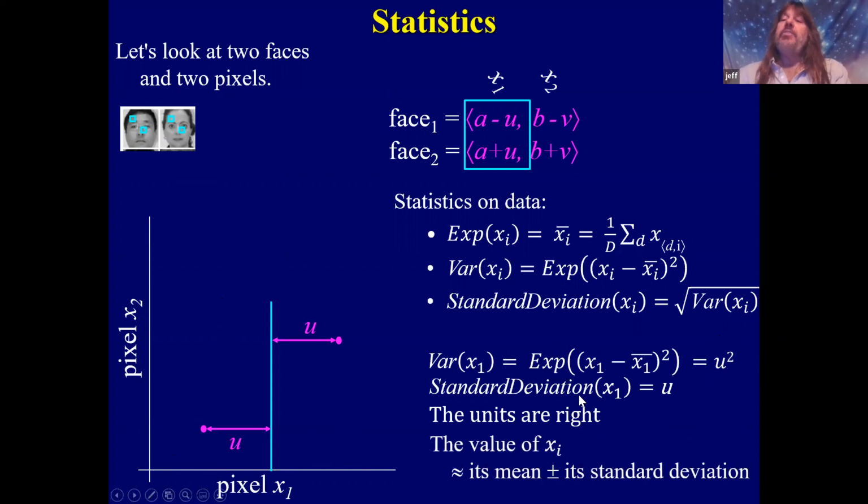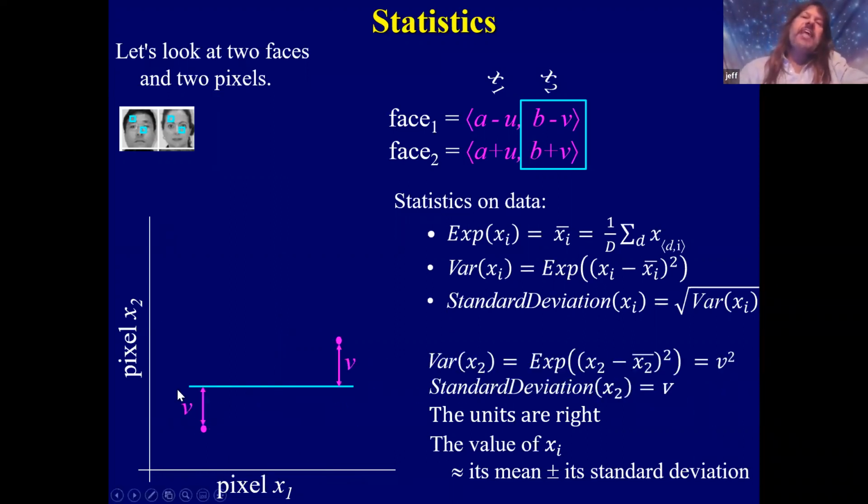And we've already talked about standard deviation, right? What value do we expect to get for this pixel? We expect to get its mean value plus or minus some number of standard deviations. Remember, being 6 standard deviations off is very unlikely, right?